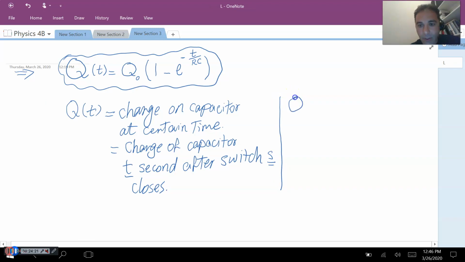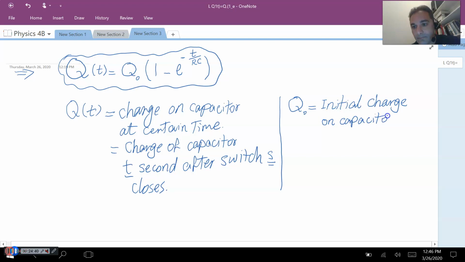What is Q naught? It is the initial charge on the capacitor. I call it honestly Q max.